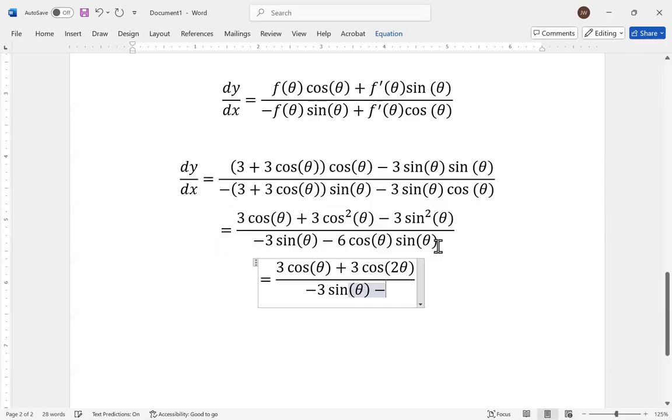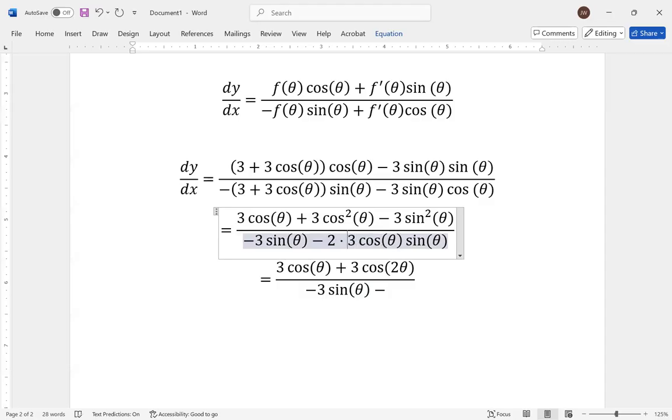So if I factor the 6 into a 2 times 3, or a 3 times 2, that'd be better to write. 2 cosine theta sine theta becomes sine of 2 theta. So we get minus 3 multiplied times sine of 2 theta.